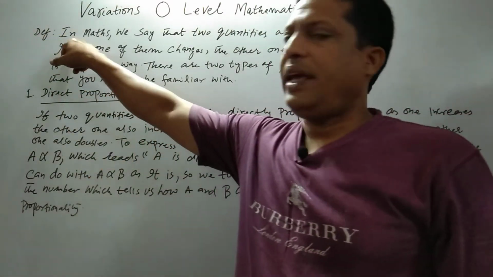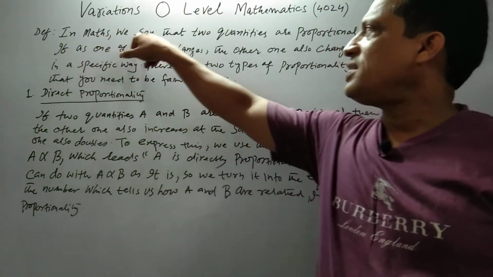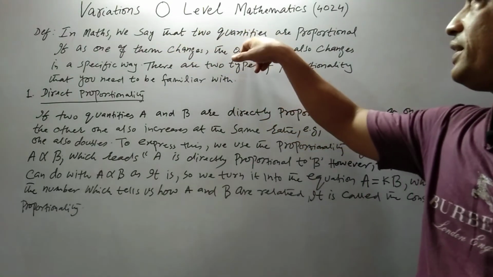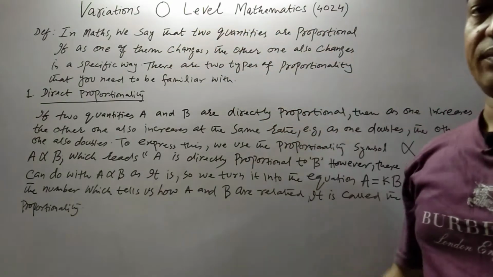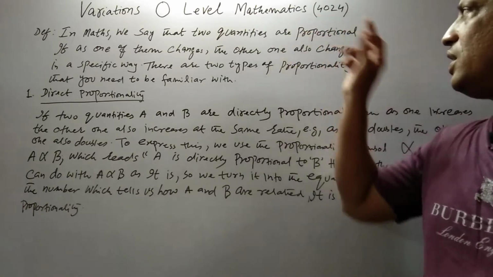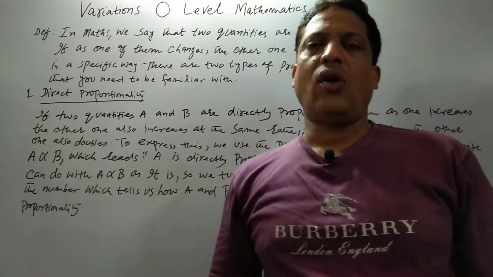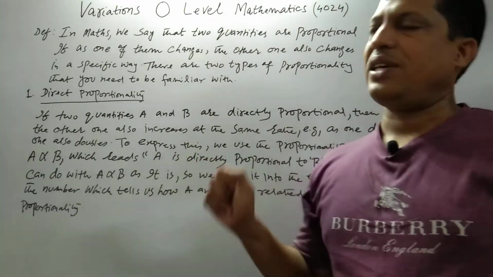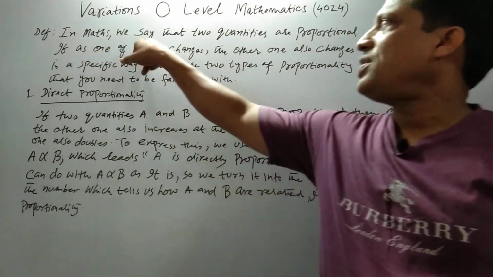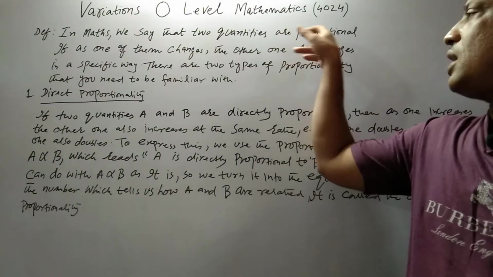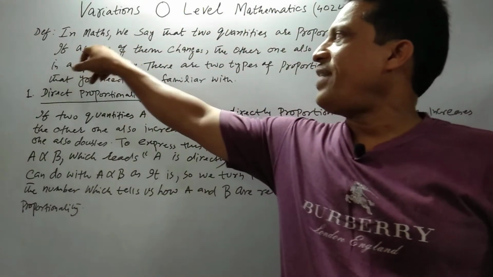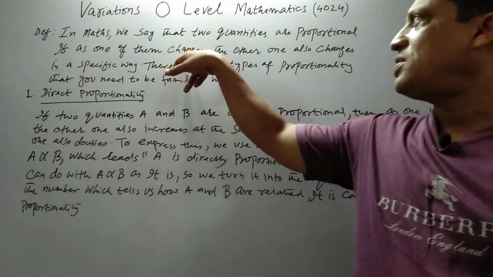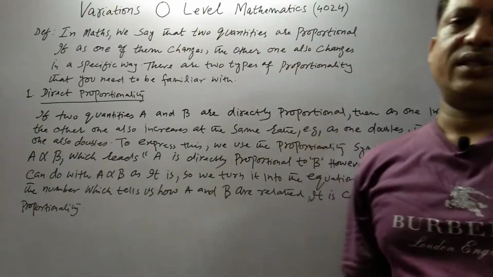Definition is, in maths we say that two quantities are proportional. You will see this word often, proportional, in questions of variation. In maths we say that two quantities are proportional if as one of them changes, the other one also changes.